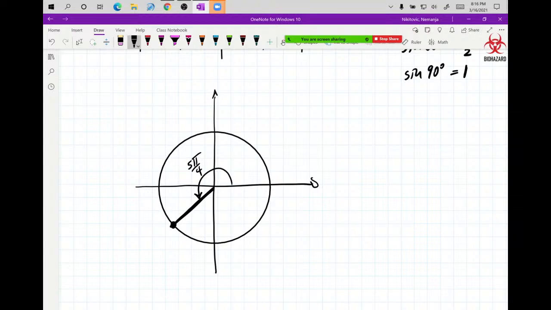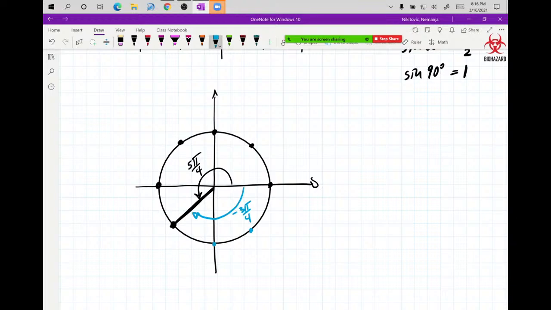That's a 5 pi over 4 angle, because you have your 0 pi over 4, 1 pi over 4, 2 pi over 4, 3 pi over 4, 4 pi over 4, and then 5 pi over 4. Now, if you go the other way, this is what we already know. You have negative 1 pi over 4, negative 2 pi over 4, negative 3 pi over 4.